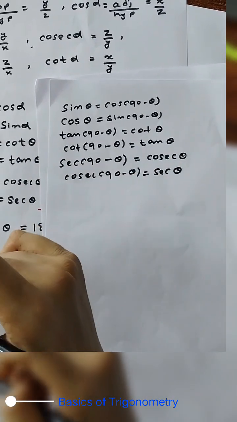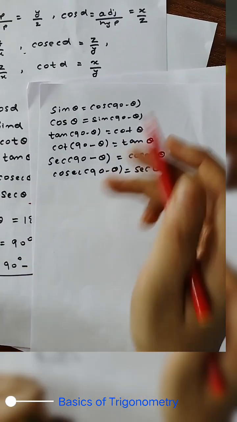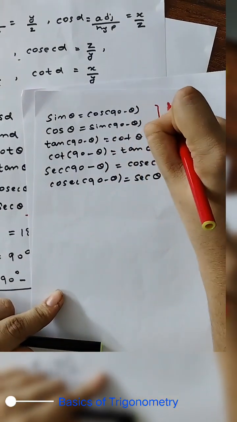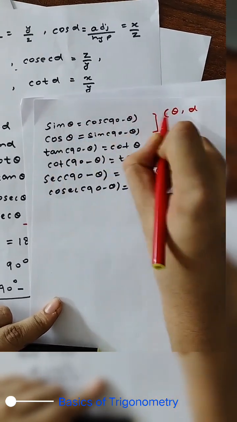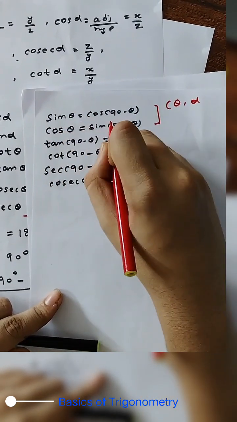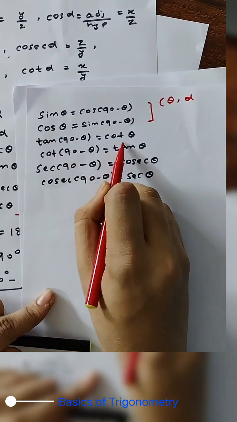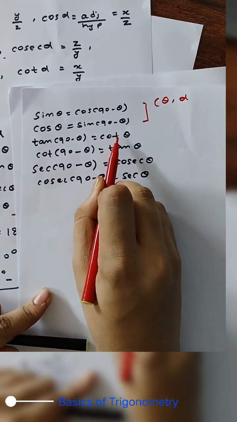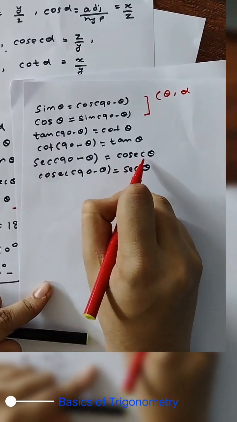So from the above result we can conclude that for a pair of complementary angles, theta and alpha, the sine of one angle will always be equal to the cosine of the other angle. Similarly, tan of any angle will be equal to cot of the other angle. Sec of any angle will be equal to cosec of the other angle.